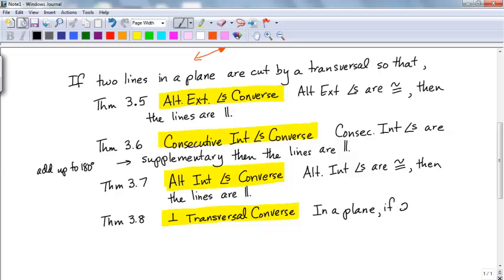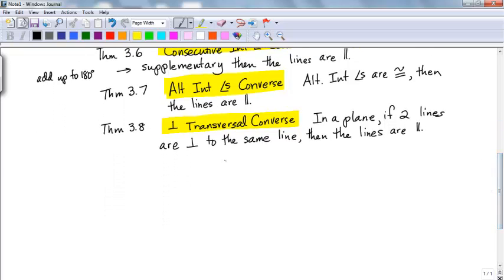If two lines are perpendicular to the same line, then the lines are parallel. In a plane, if two lines are perpendicular to the same line, then the lines are parallel.